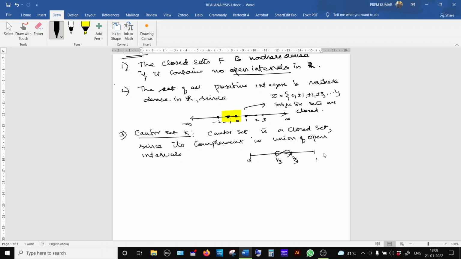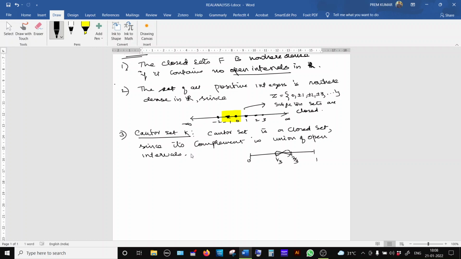Whatever we remove is an open interval, and the union of open intervals is an open set, which we proved. So whatever is removed is the complement of the Cantor set. Therefore the complement of the Cantor set is open, so the Cantor set must be closed.